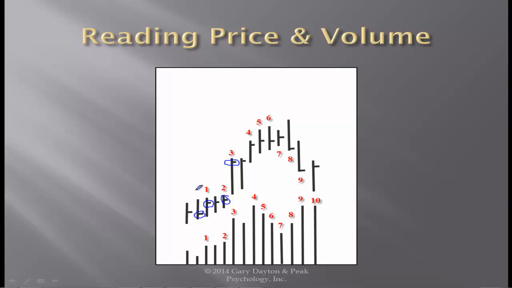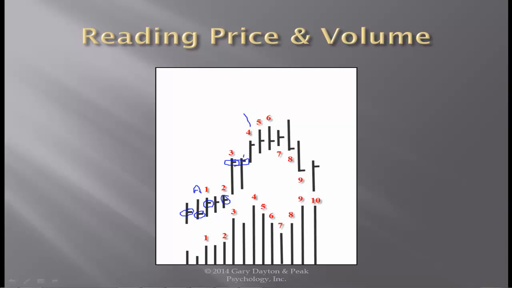Bar A, we'll call this, is a down bar because it's closing below this bar. So when we're trying to determine direction, we're always determining direction from the last bar. And here, it's probably a tick or two up, but I would just call it level.